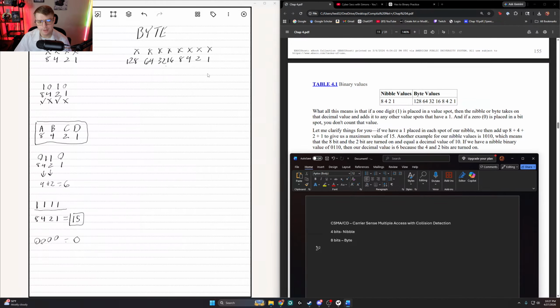And if we were to do the same thing with a byte, let's give it the value 1, 0, 1, 0, 1, 0, 1, 0. Right? That's 8. 1, 2, 3, 4, 5, 6, 7, 8. So we have the values 128, 64, 32, 16, 8, 4, 2, and 1.